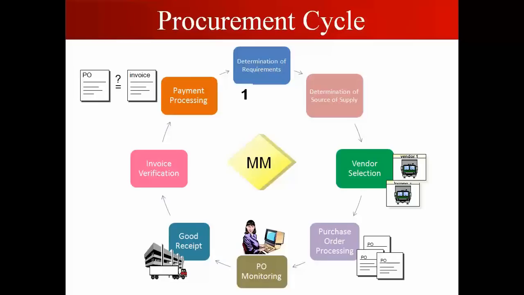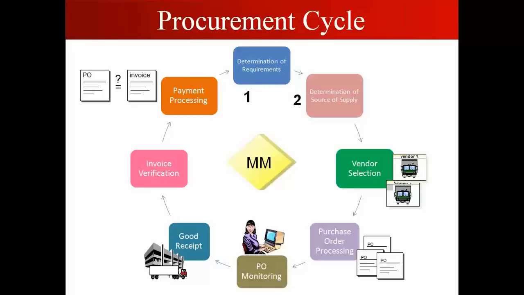SAP can automatically create some requirements. If SAP needs some material to manufacture some other product, it will automatically create a requirement via a thing called MRP, which we'll talk about later in detail. Or the requirement can be created manually by someone in the business. So you'll get the requirement first. That's step number one.